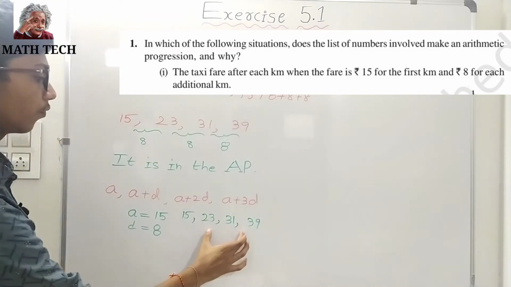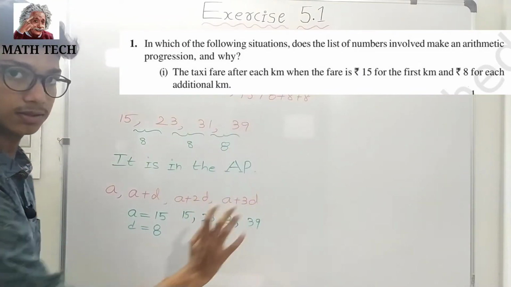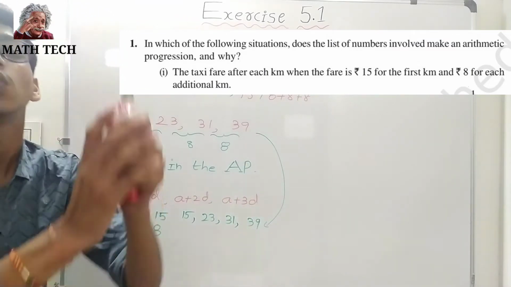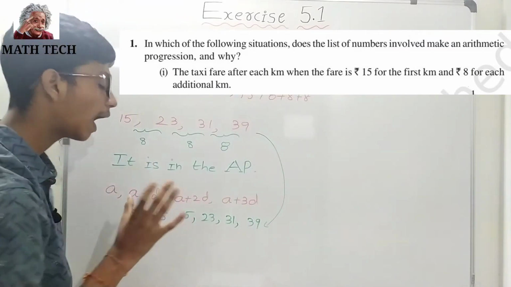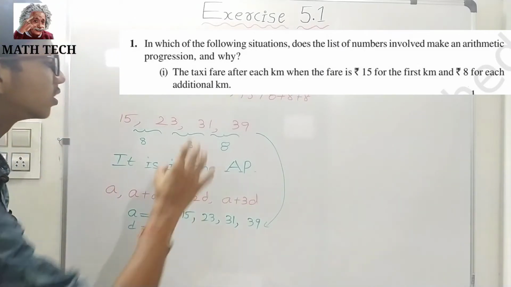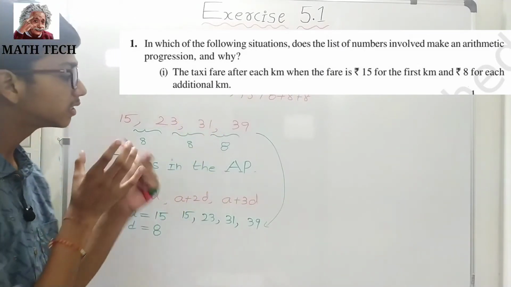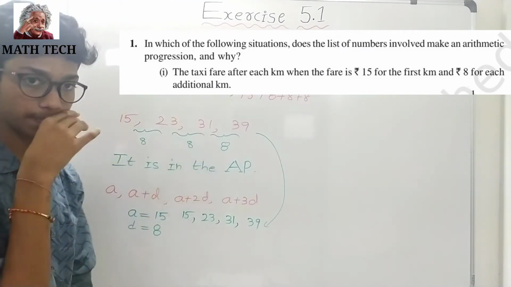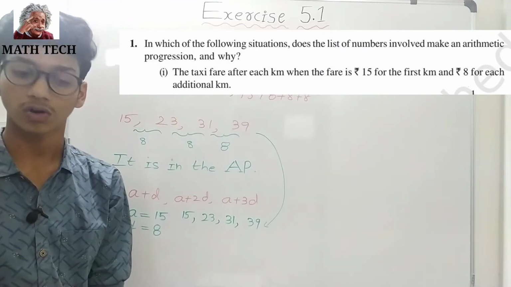Here we have obtained the same series, so we can say that it is in arithmetic progression. These are the two ways of finding whether a series is in arithmetic progression or not.